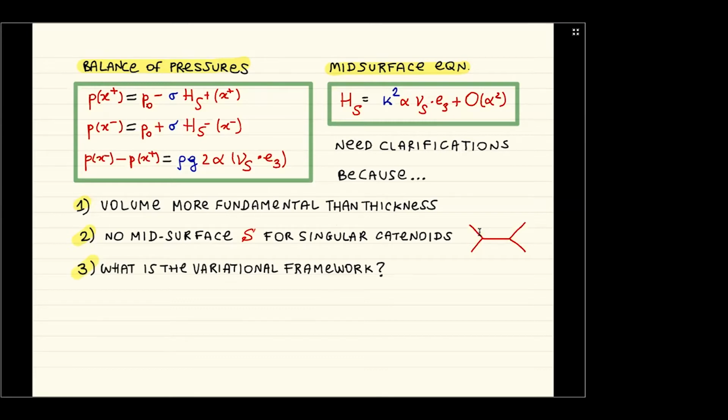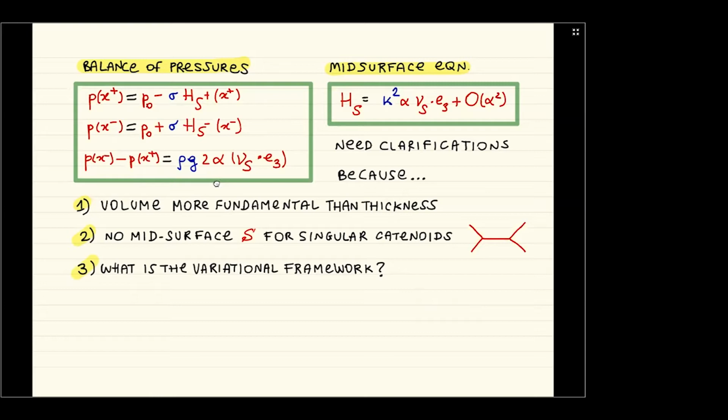And finally, you may ask yourself, okay, but what is the variational framework? What is the principle of virtual work that gives me the three equations in the upper left box? So can they be derived, at least in some situation, as Euler-Lagrange equations of some energy?